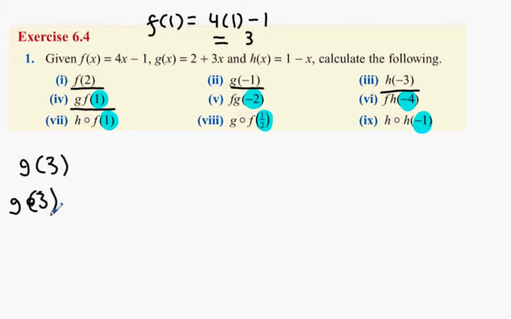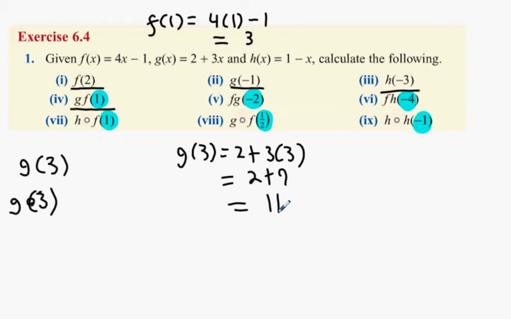So now you find out what G3 is. G3 is the same thing as replacing all x's with 3's. And then 2 plus 3 times 3. 2 plus 9, which is 11. Okay? You can actually see they're reasonably easy, aren't they?